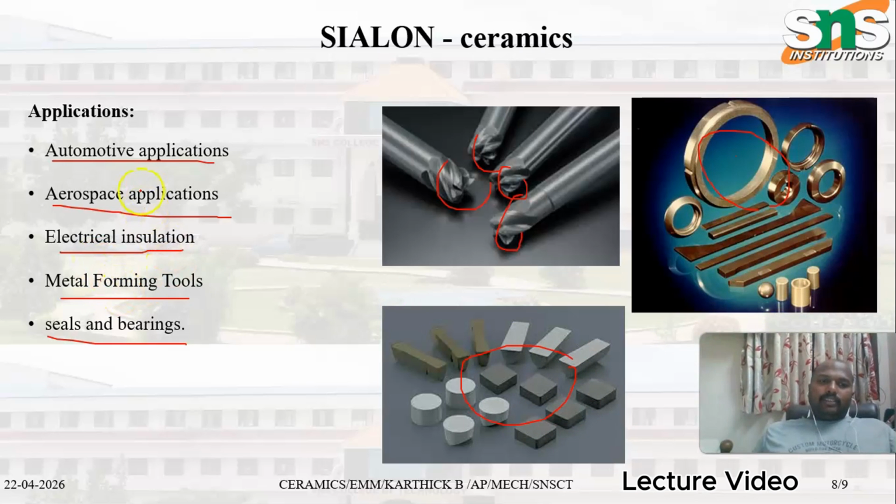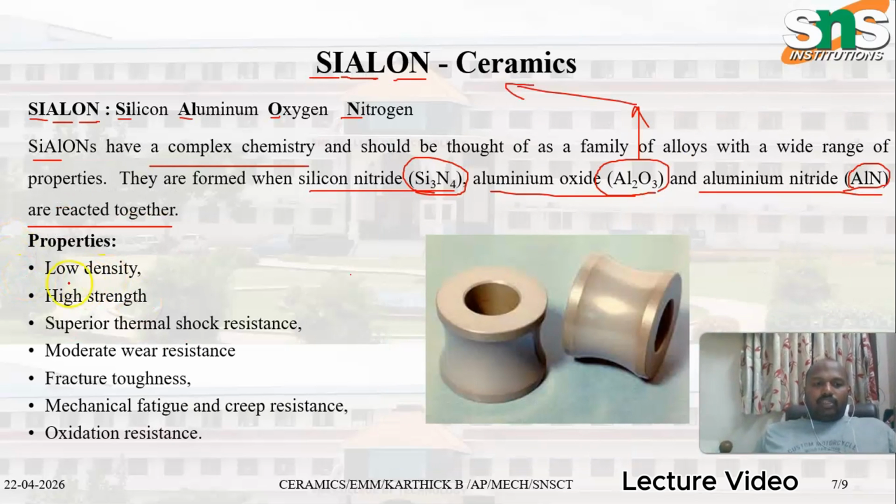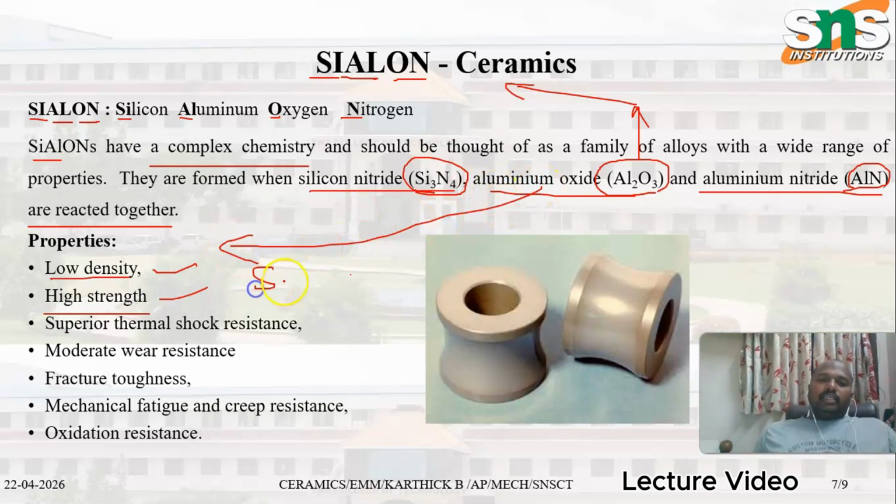These five applications make Sialon best suited because of the first property: low density and high strength, as in the other two ceramics we have seen, alumina and SiC. You can see these two properties there.